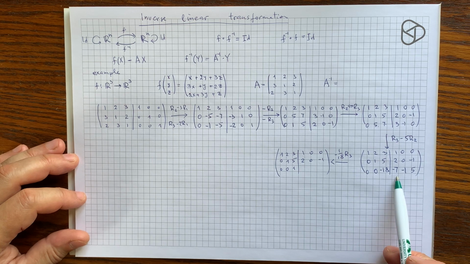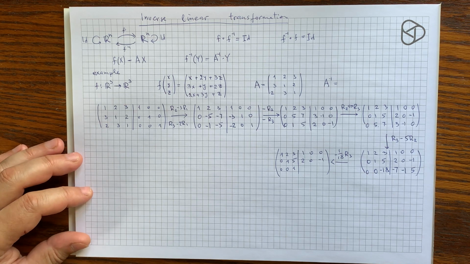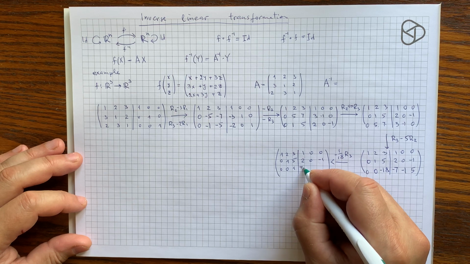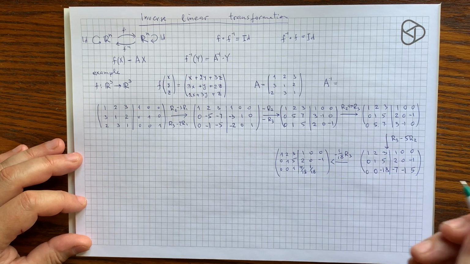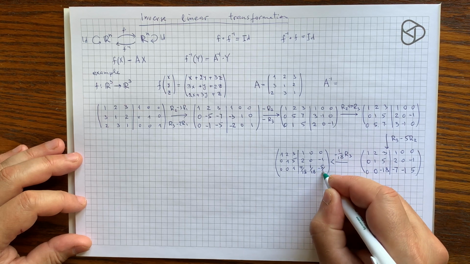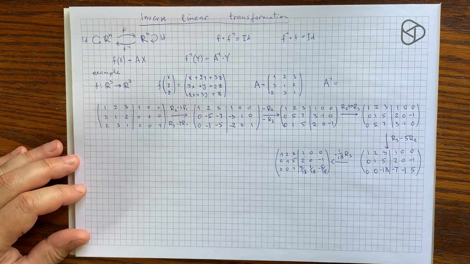In the process, the last row in the extended matrix will have to change by just changing the sign of all its entries and adding the denominator 18. 7/18, 1/18, -5/18 is what it is now.